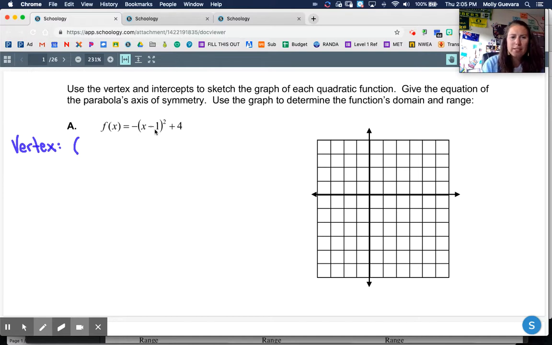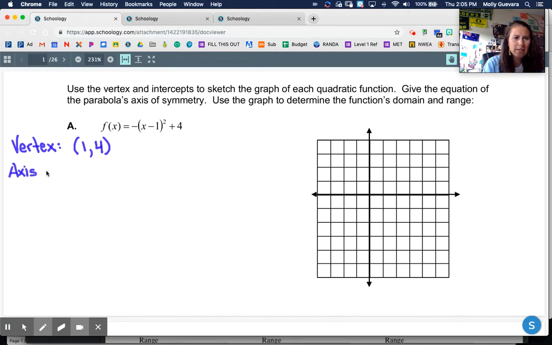My vertex is at positive 1, because if I set x minus 1 equal to 0, I get x equals 1. So I get positive 1, comma, and then my k value is 4. There's my vertex.